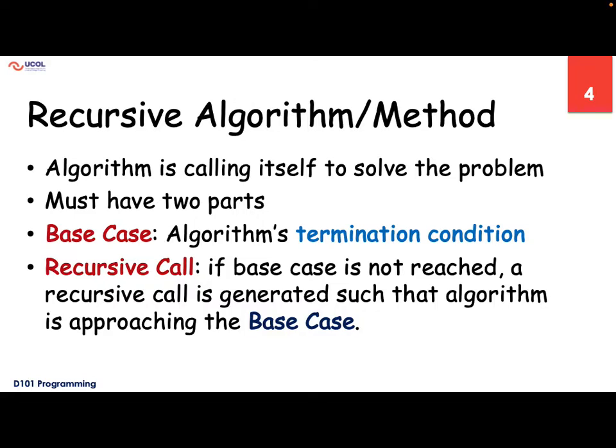If that is not the case, it means you have some fundamental problem with the recursive method you are trying to design, because if we are moving away, the recursion will never finish. It will become like an infinite loop of recursive calls. So every time you make a recursive call, you are moving closer to the base case.